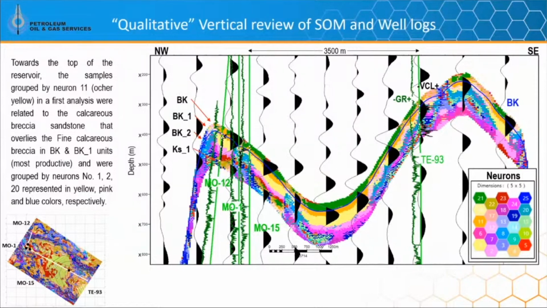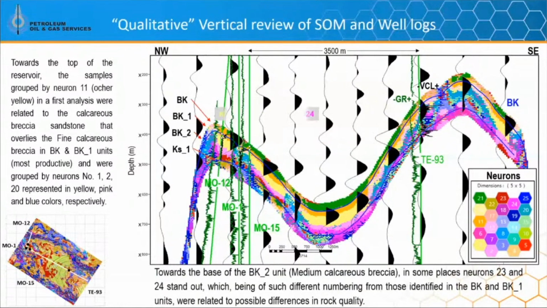You can see that the top of the reservoir is a peak, but with the SOM classification, the colorful data that you can see in this section, you can see more detail than you would be able to see with the amplitude.